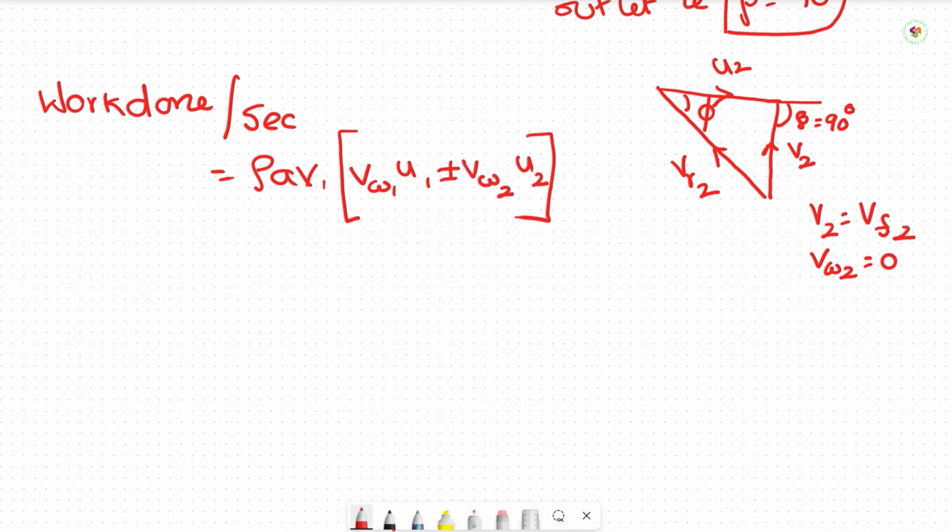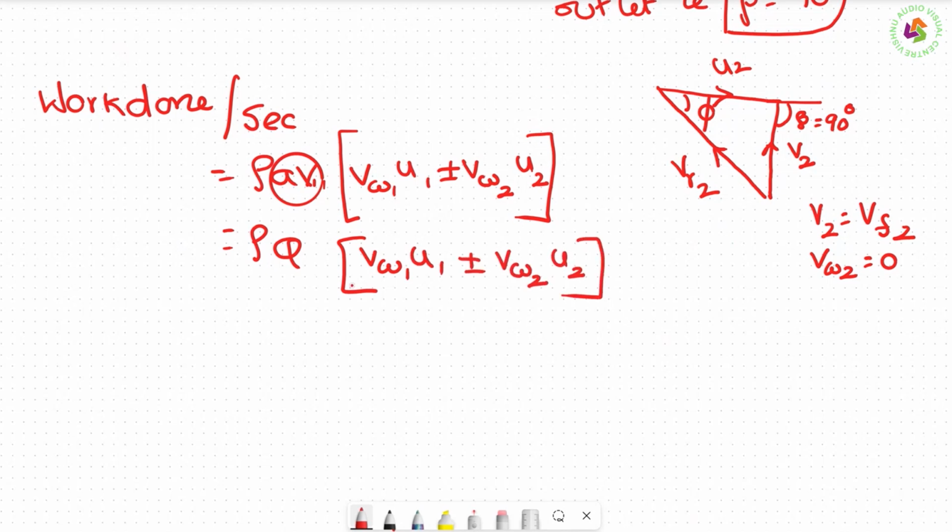In this, A V1 is Q, so it is rho Q into VW1 U1 plus or minus VW2 U2. In this, VW1 is the velocity of whirl at inlet, U1 is the vane velocity at inlet, VW2 is the velocity of whirl at outlet, and U2 is the vane velocity at outlet.